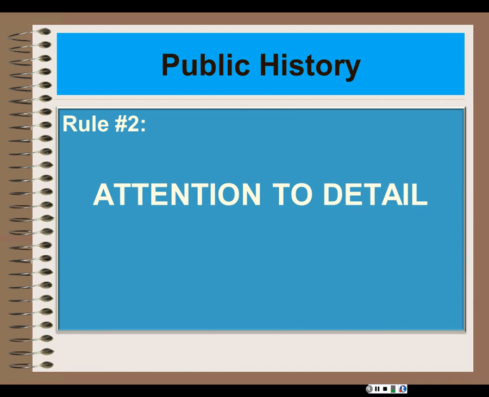Public history rule number 2 is attention to detail. Now, it's interesting, when I put together over the years these 3 A's of public history, which again, you're going to come up with a 4th A. As I go to museums, I now look at them with a different eye, or an historical society, archives, etc. So if I say museums, we're on museums this week, but I also mean it to apply to other public history institutions.